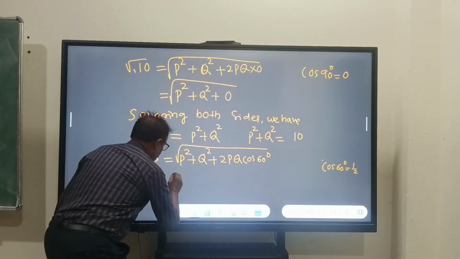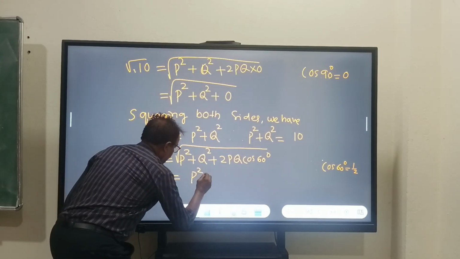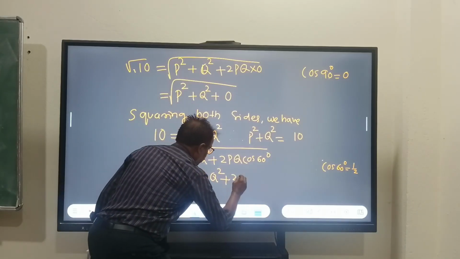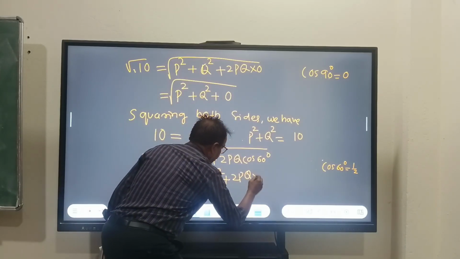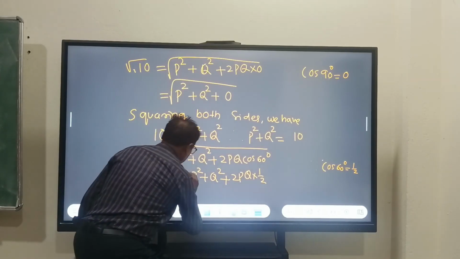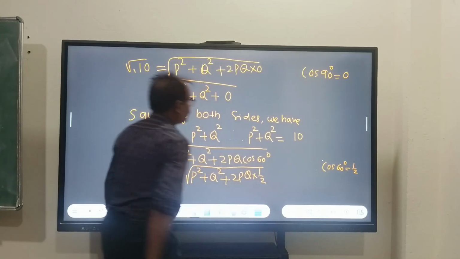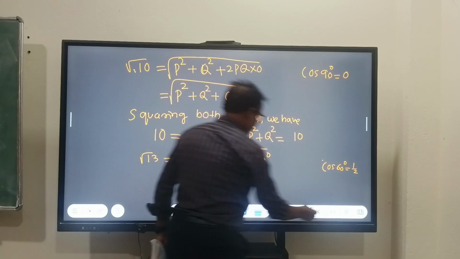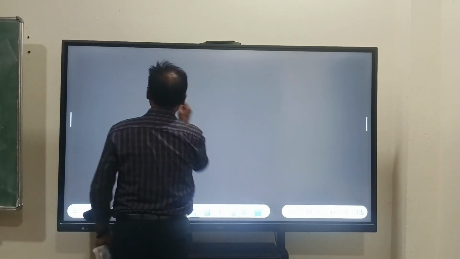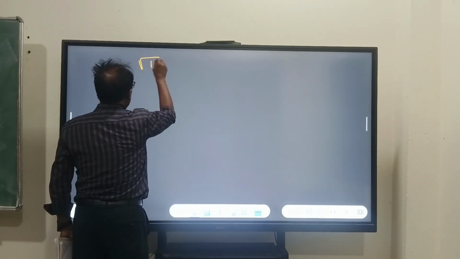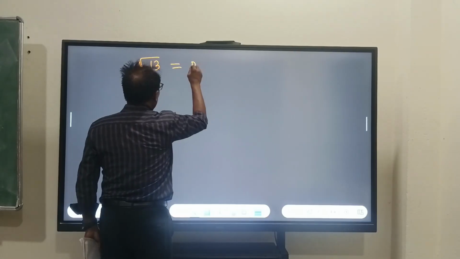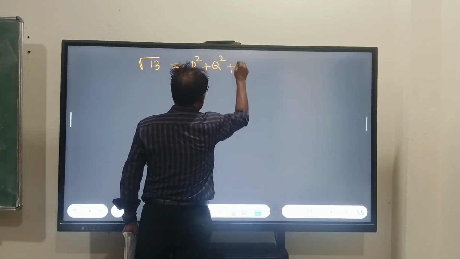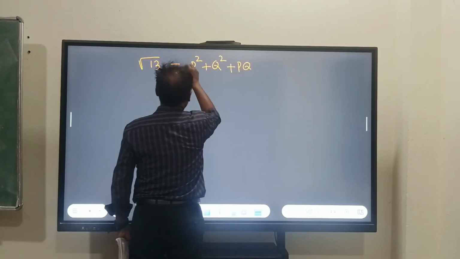Therefore, I am writing P square plus Q square plus 2PQ into 1 by 2 under the root. Then this equation becomes root over 13 is equal to root over P square plus Q square plus PQ.